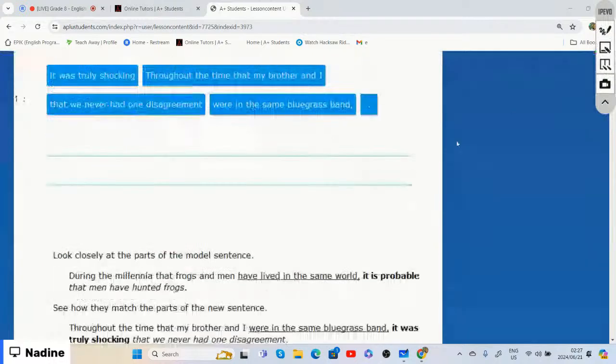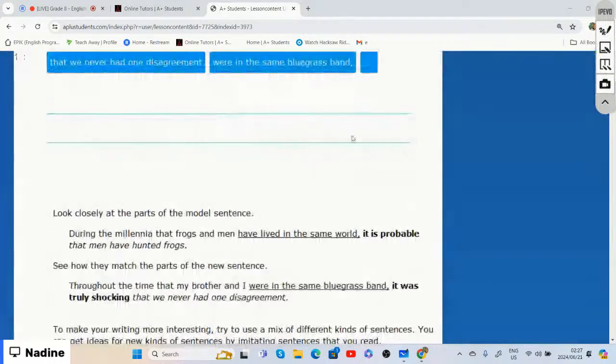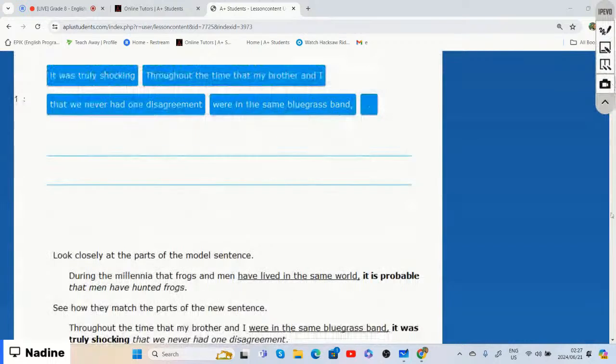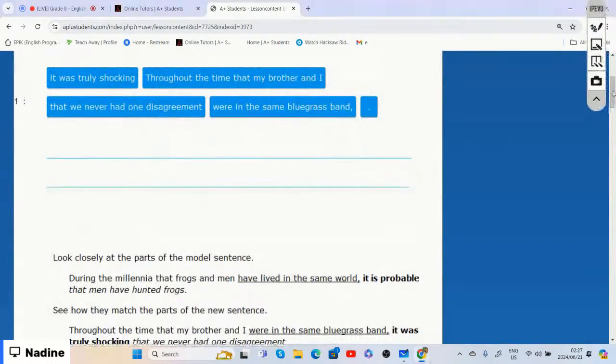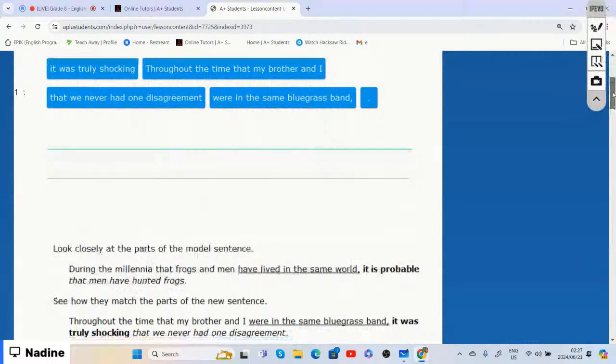And if we look at that sentence again, it is correct.